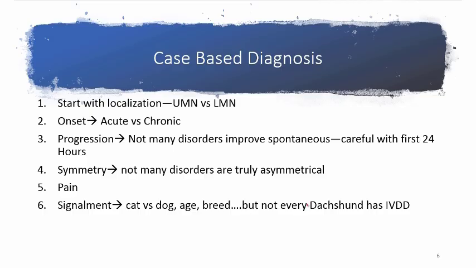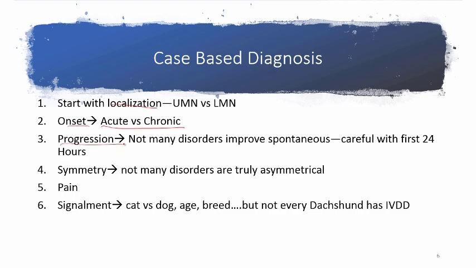Are we dealing with a brain lesion? So we decide, is it upper motor neuron or lower motor neuron? Is it acute or chronic? Right? So it's kind of like when you do your TCVM diagnosis of excess or deficiency, and which is it? Acute, chronic, excess, deficient? So localization, the onset, progression.